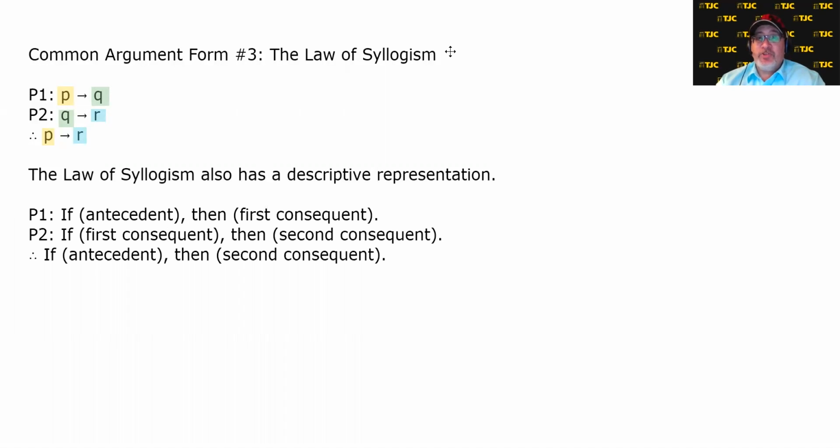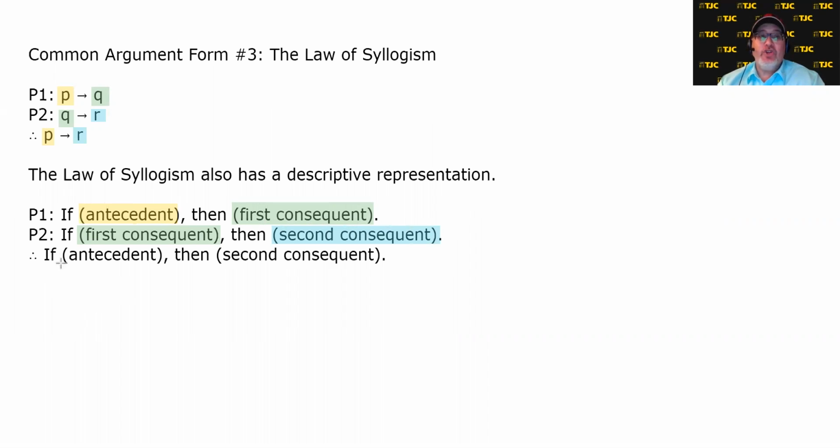If your first premise is a conditional where it has some antecedent and ends with some first consequent, first because there will be a second. Then your second premise is another conditional that begins where the previous one ended and has a second different consequent.